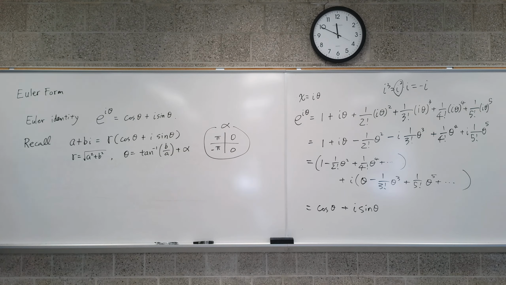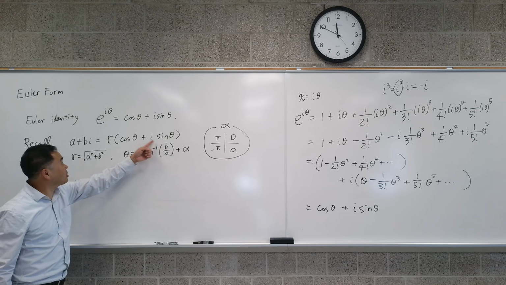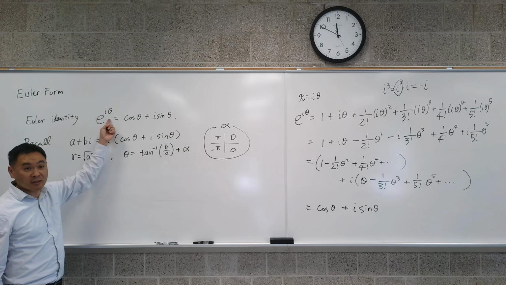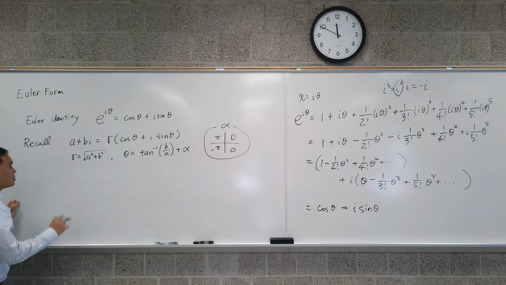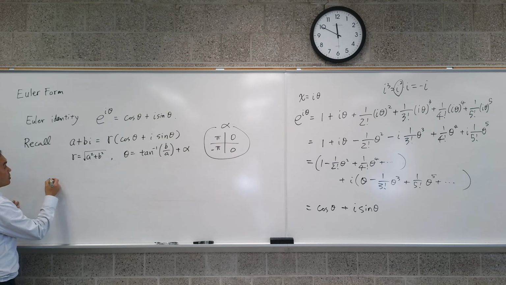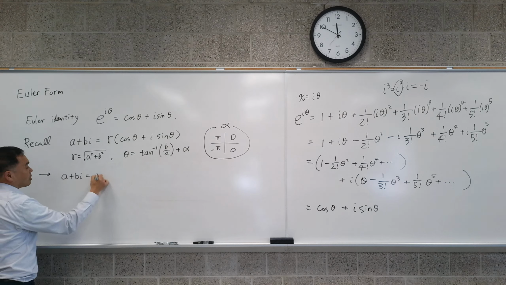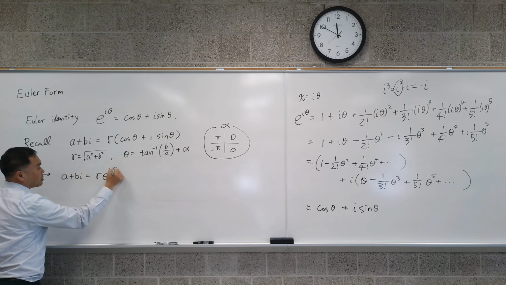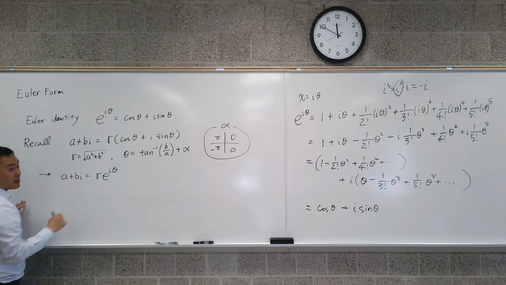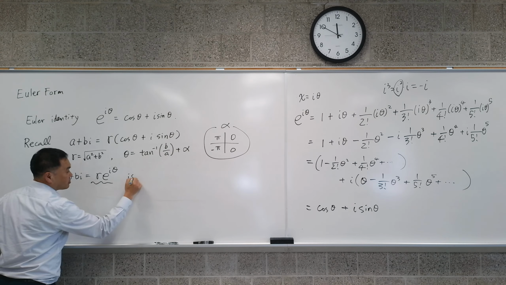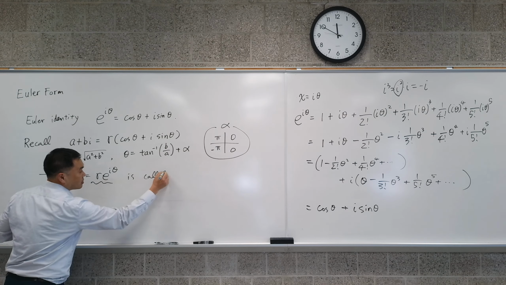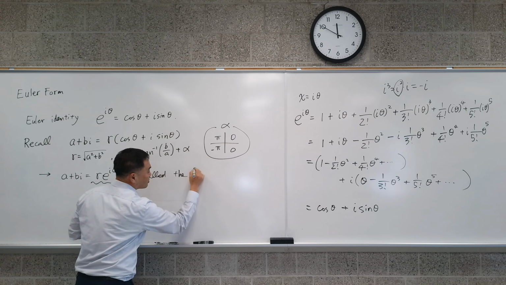So that's what I explained last time, but do you see that this now can be written as e to the i theta, right? So we can say that a plus bi can also be written as r times e to the i theta with the same formula for r and theta, okay? And this form is called the Euler form.